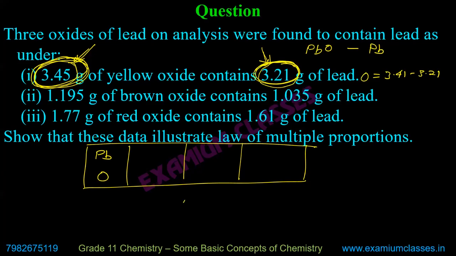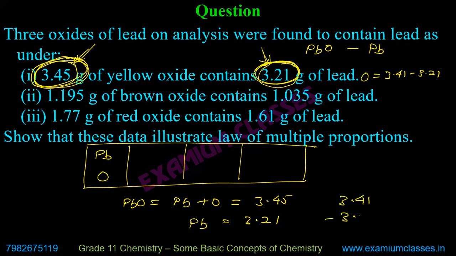Just for example, say lead oxide is 3.45 and lead is 3.21. So here this is Pb plus O, lead oxide. PbO is actually Pb plus O, 3.45, and this one is only lead. How will you get the oxygen? Oxygen you will get 3.45 minus 3.21, 0.24 gram will be oxygen there.